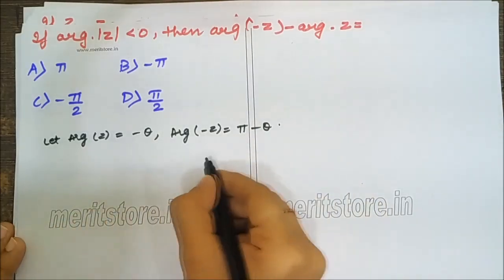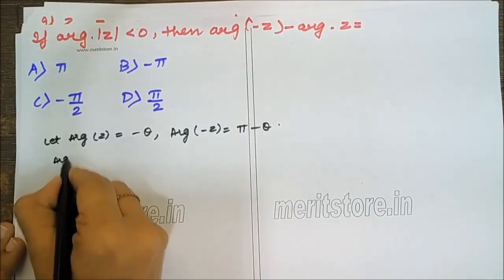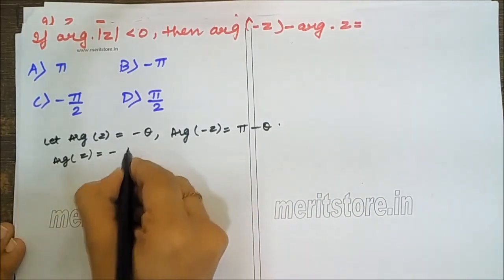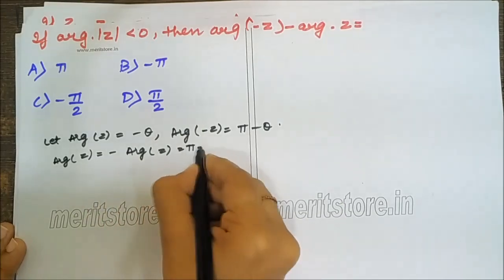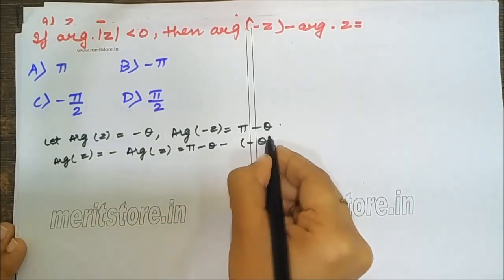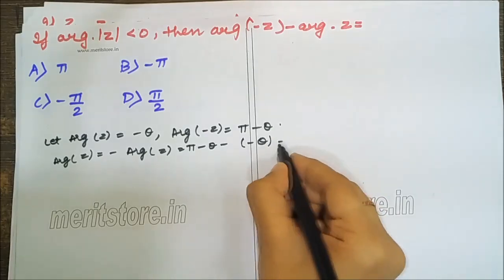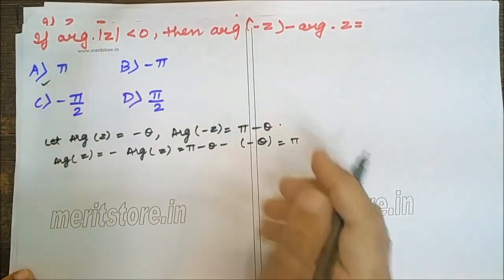So here the argument of −z minus the argument of z is equal to π − θ − (−θ), that is equal to π. So the answer is π.